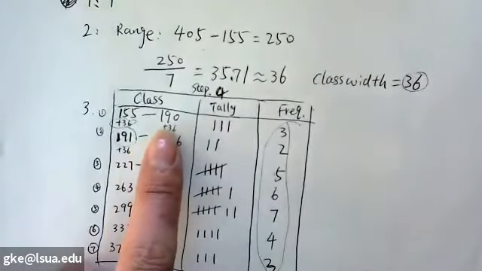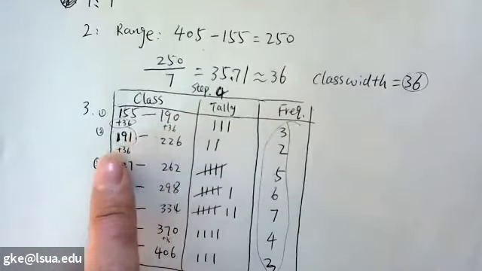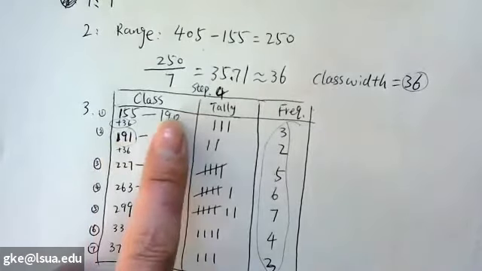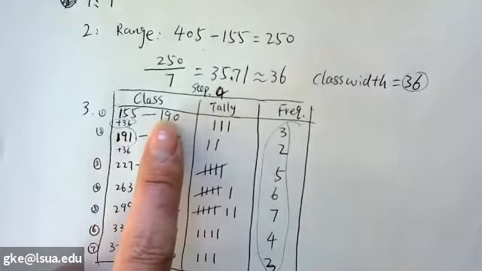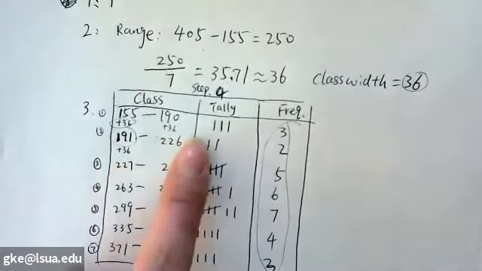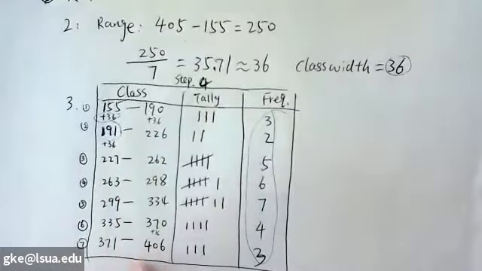And for the upper class limit, we can use the continuity property, because here's 191. That means the upper limit of the previous class should be 190. The same thing, here is 227, here is 226. Right? And you can construct all the upper class limits.